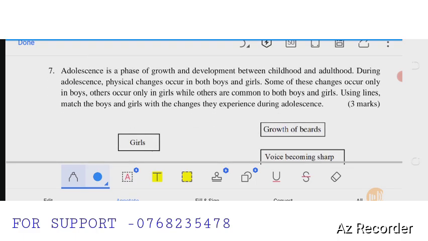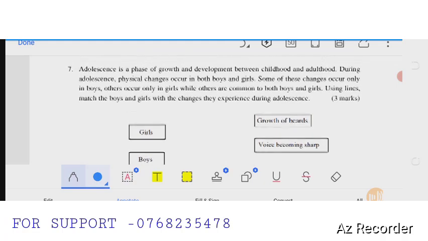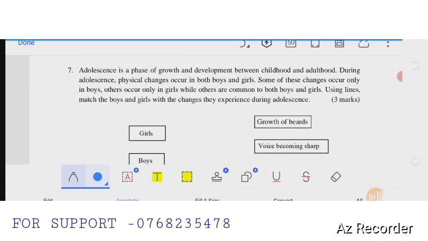The next question talks about changes that take place in adolescence. So I'll read the question. That's question 7. Adolescence is a phase of growth and development between childhood and adulthood. During adolescence, physical changes occur in both boys and girls.